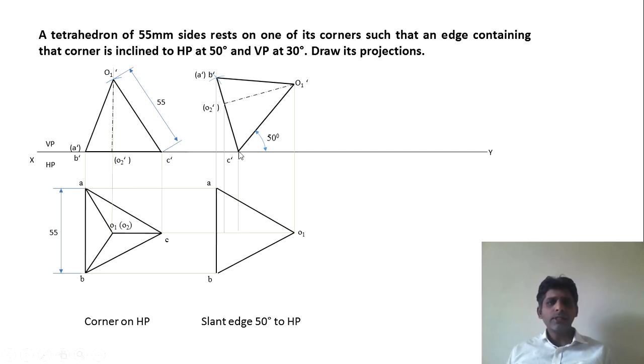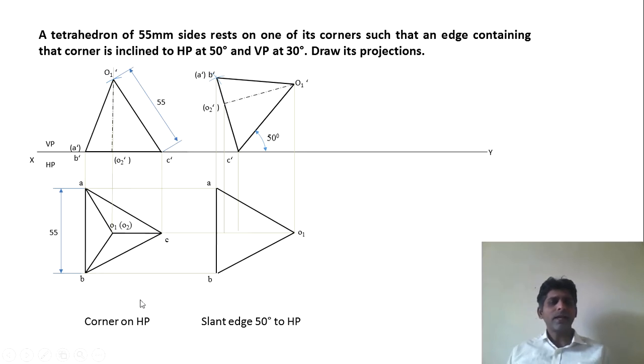Here again you will notice that this point C dash is the farthest point from the observer. The observer will be here. So whatever starts from this point C dash will be hidden lines. Let us see what all starts from point C: CA, CO1 and CB.